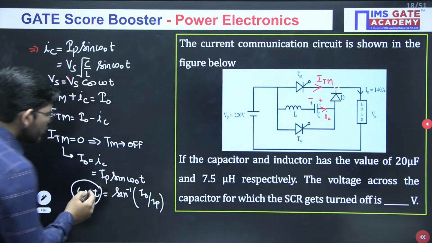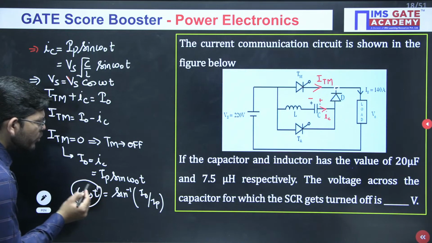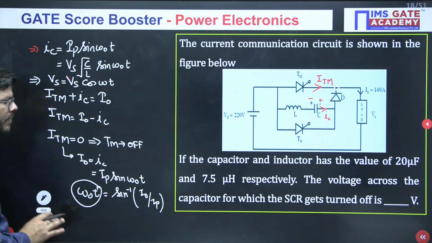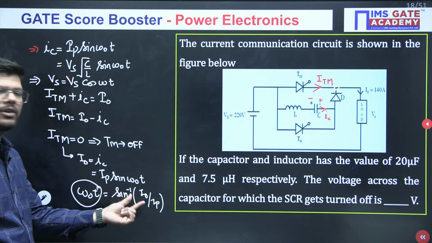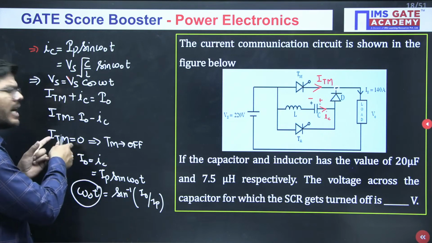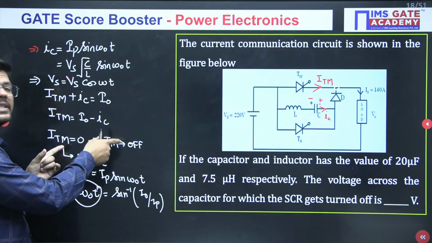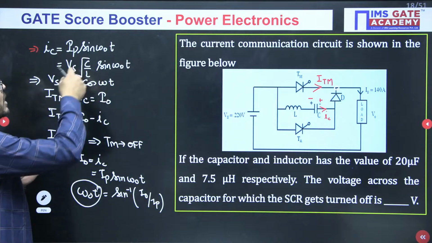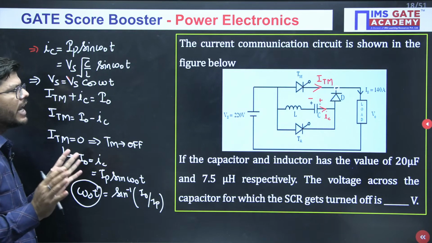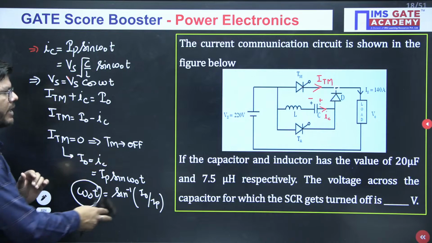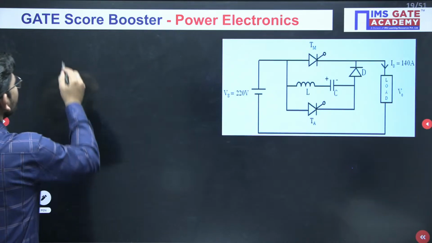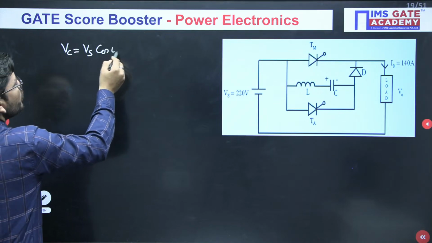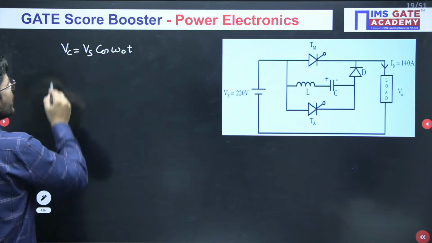Now let me call this omega t dash instant, or t2, whatever you want to write, which you have calculated as sine inverse I naught upon Ip, where your current is getting 0 and the thyristor is turning off. If we put this instant in this formula, we will get the voltage the capacitor is applying. What I am trying to say is that we have Vc equals Vs cos omega naught t.